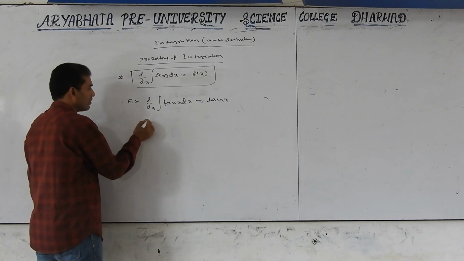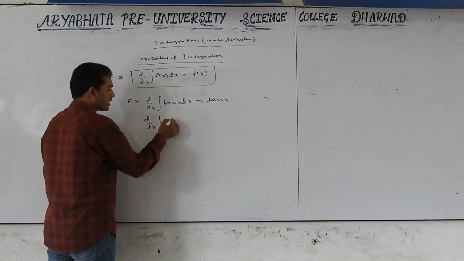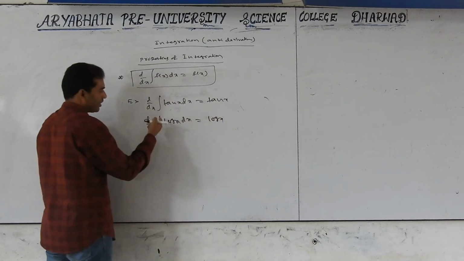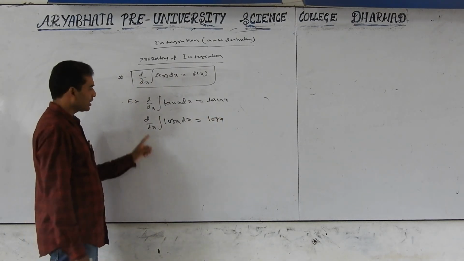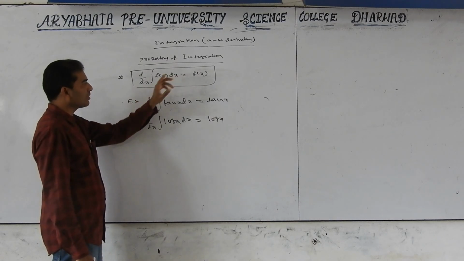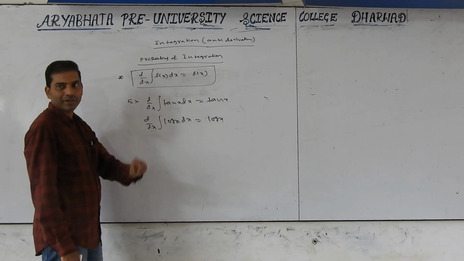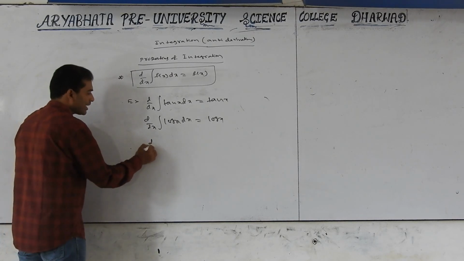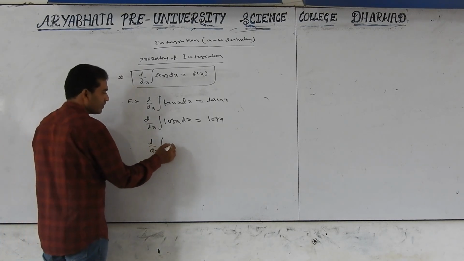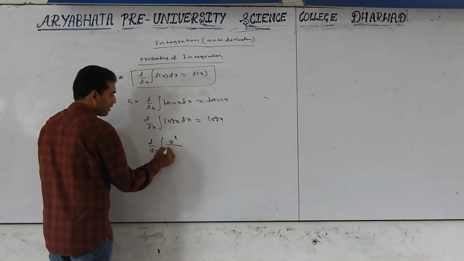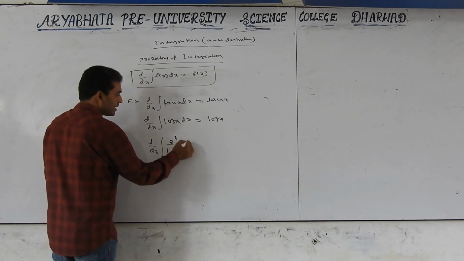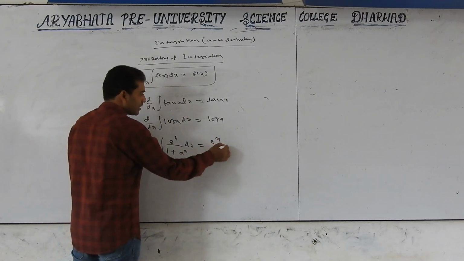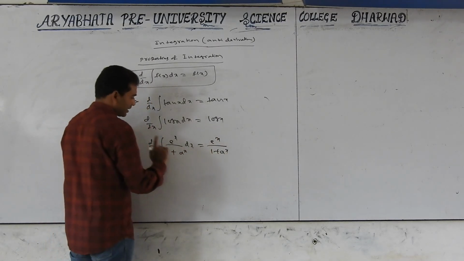So d by dx of integration of log x dx equal to log x. This is the most important property. Next, d by dx of integration of e raised to x by 1 plus a raised to x dx is equal to e raised to x by 1 plus a raised to x.